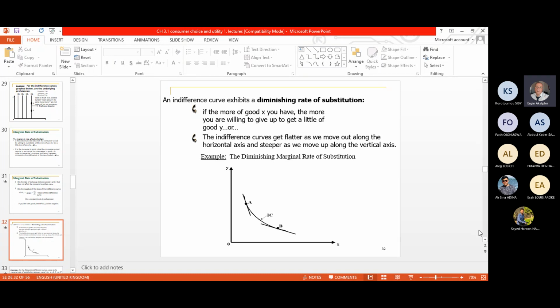You have the similar utility on that curve. The indifference curve gets flatter as we move out along the horizontal axis and steeper as we move up along the vertical axis, as it is given by the diminishing marginal rate of substitution, because you have to give up something to get something. As you know, this is then the diminishing marginal rate of substitution.